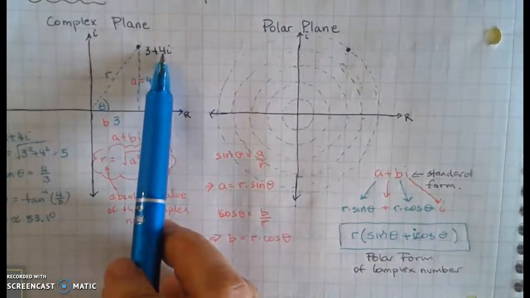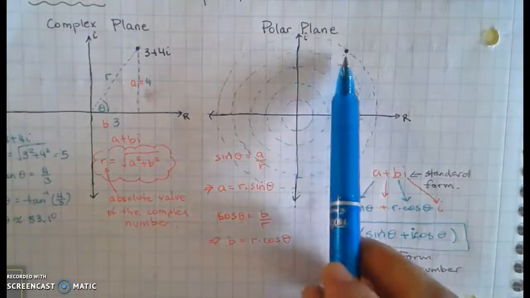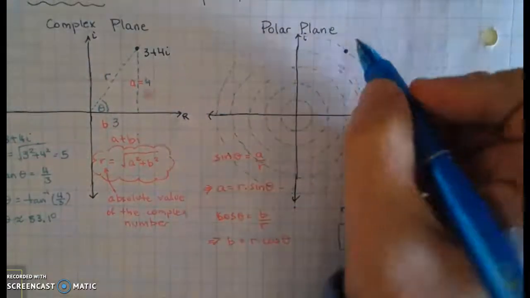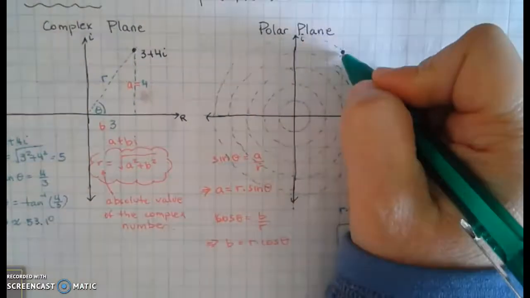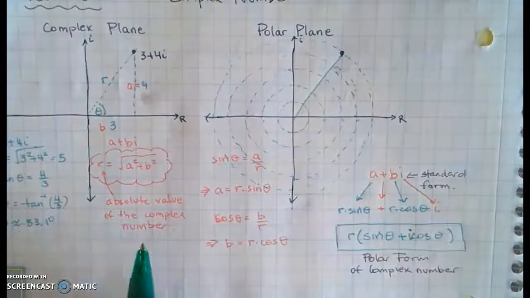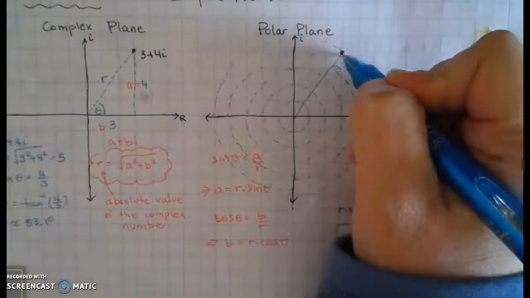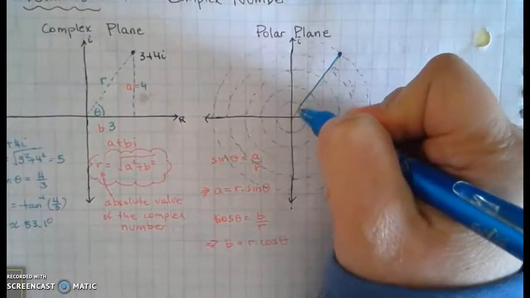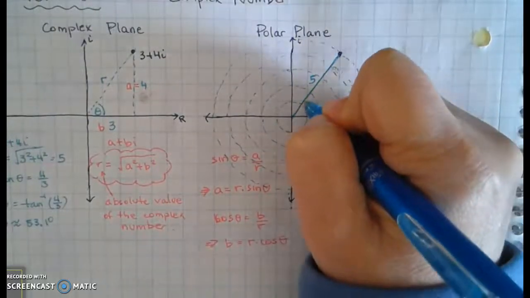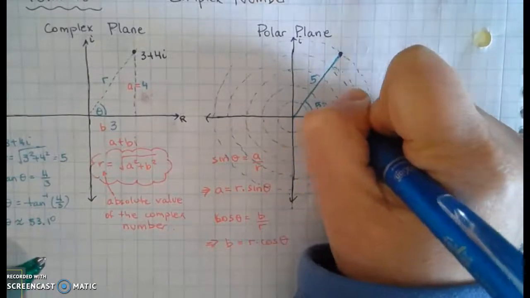So let's bring that back to our original example. 3 plus 4i is represented by the same point there. The radius from the origin we found to be 5, and the angle measure here is going to be 53.1 degrees.